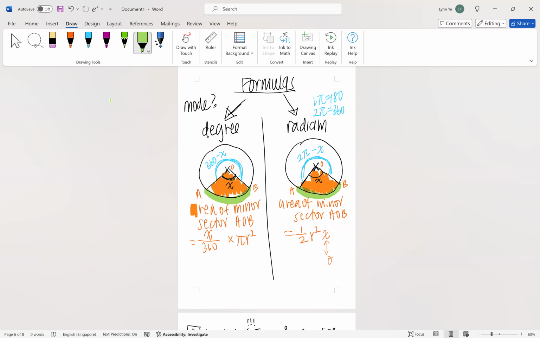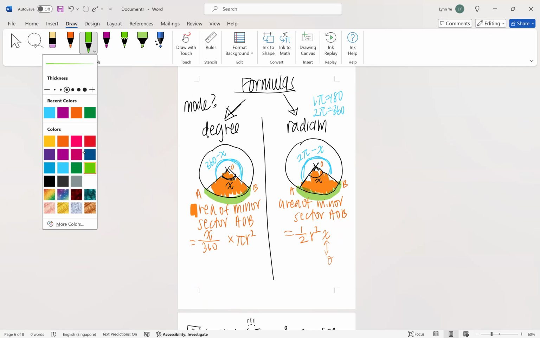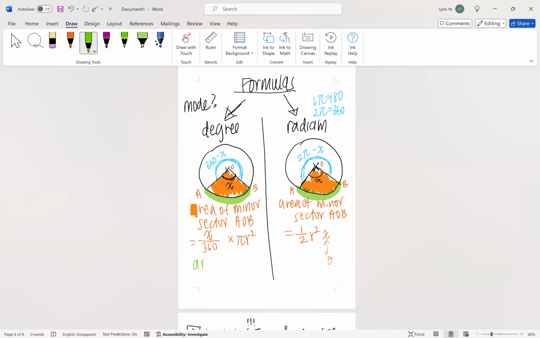Once you're done, you can use your green highlighter and highlight the one in green. The one in green is called arc length. And is it minor arc length or major arc length?